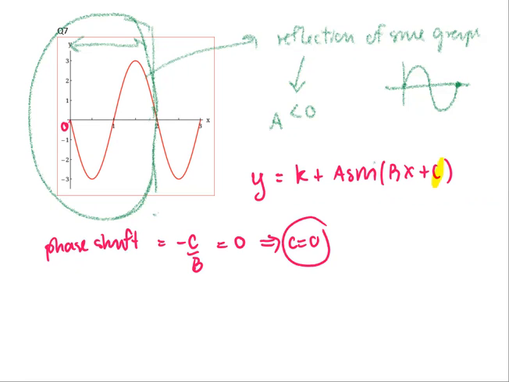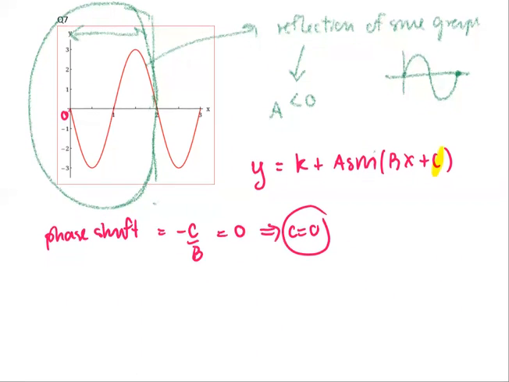And then A is the amplitude. The A will tell you about the amplitude of the graph. The amplitude is computed by using the formula absolute value of A, which is 1/2 multiplied by the absolute value of the difference of the max and min.